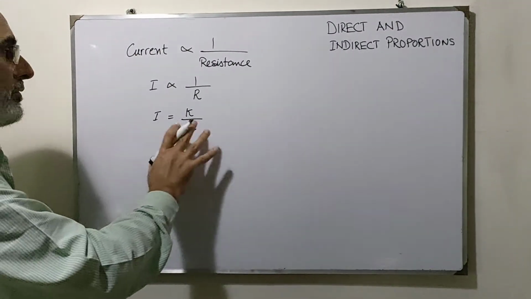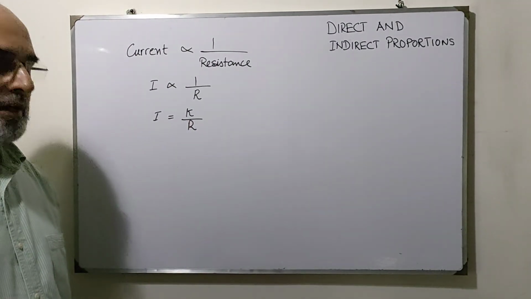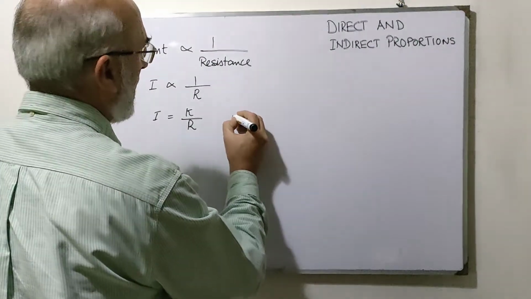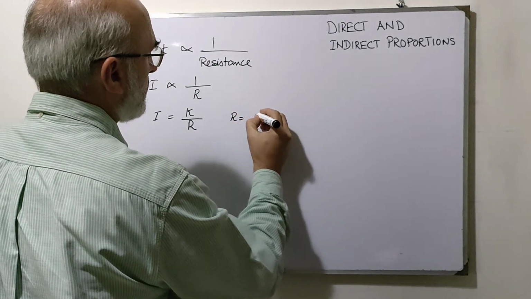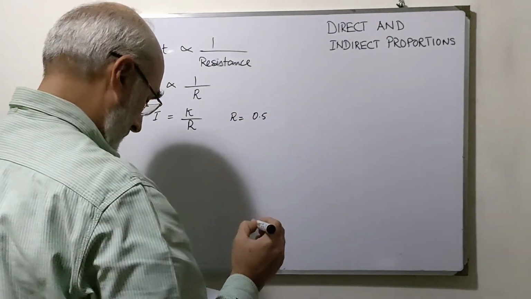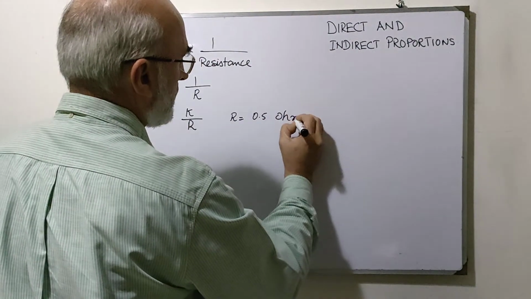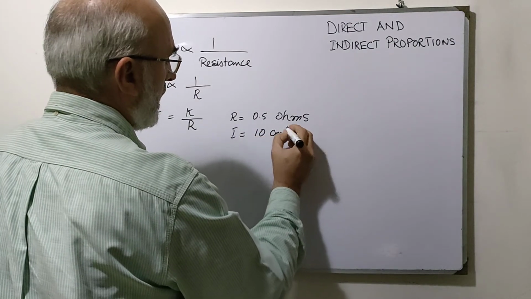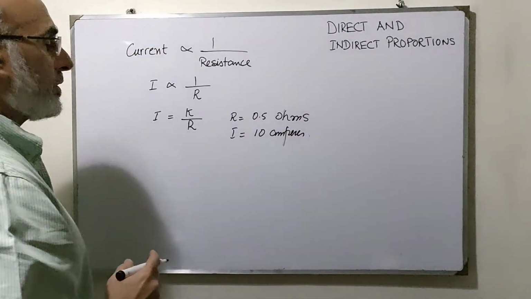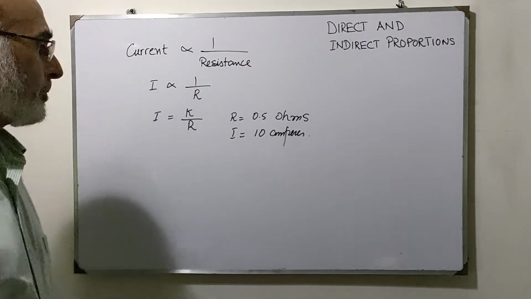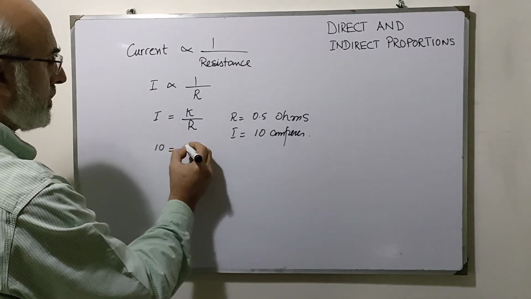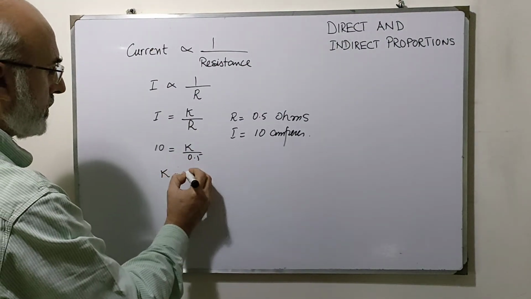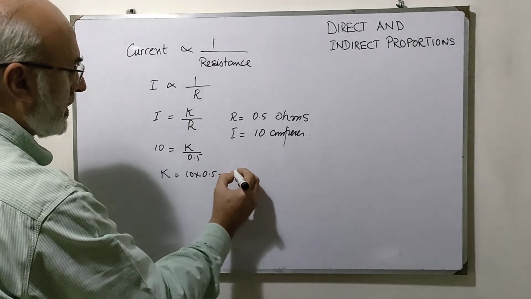Now we have this equation, and suppose initially we have resistance equal to 0.5 ohms and I equal to 10 amperes. Let's find the value of K. 10 is equal to K over 0.5, so K is equal to 10 times 0.5, which is 5.